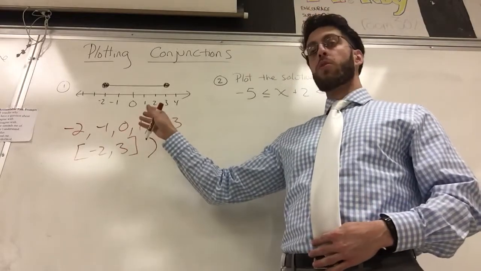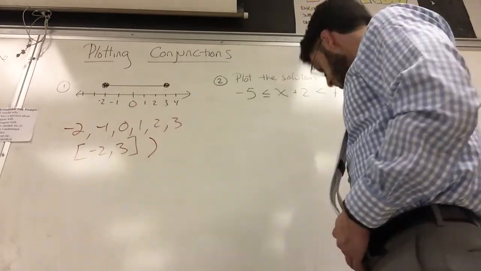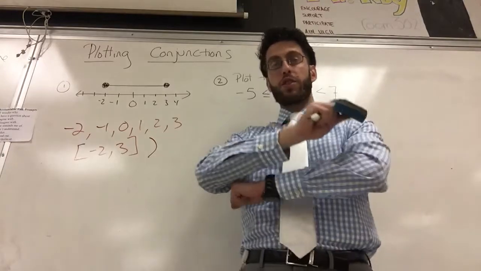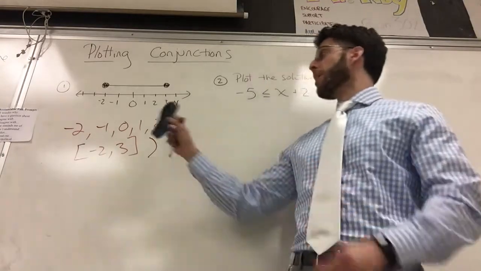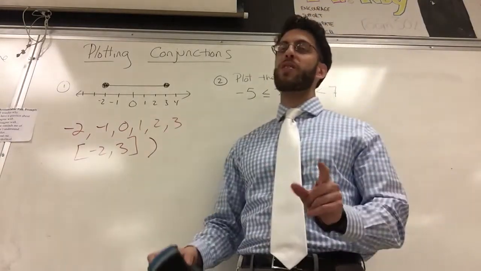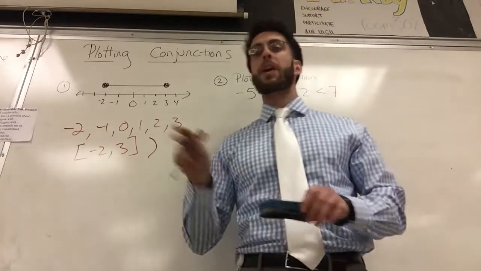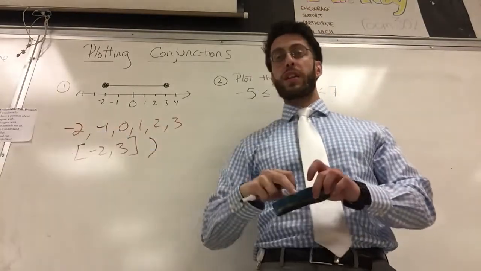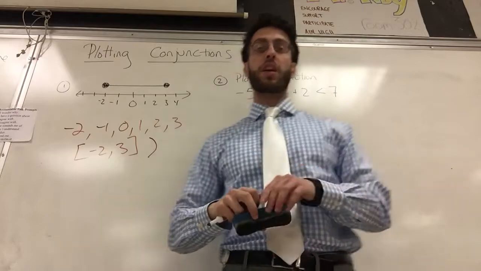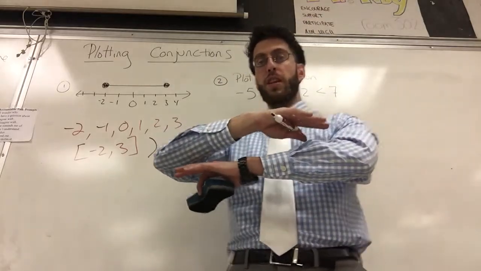So now that you know what it represents, this is a conjunction. There's a finite amount of answers here. That's not true either. There's still an infinite amount of answers, but I'm not drawing an arrow all the way to negative infinity or positive infinity. I have just a closed space here.